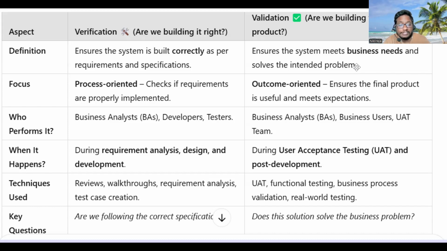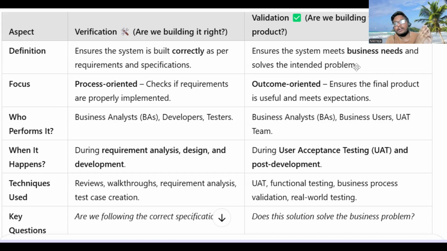When does it happen? Verification happens during requirement analysis, design and development. So basically, it's about building the product. Are we building the product right? Validation happens during acceptance testing and product development. The users or the clients will be validating the product in the phase of UAT.